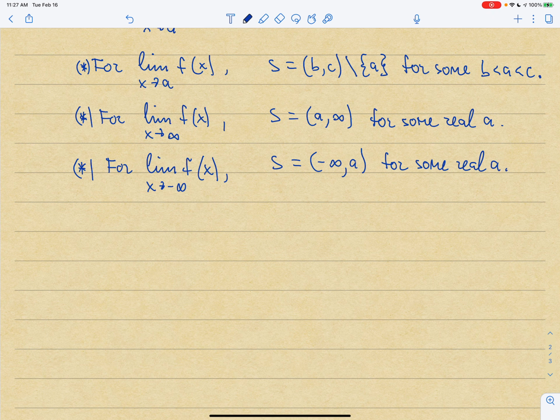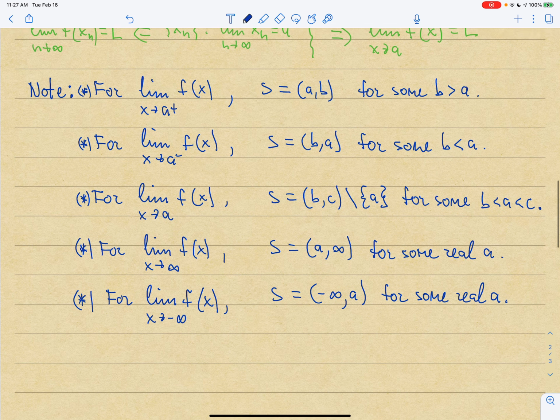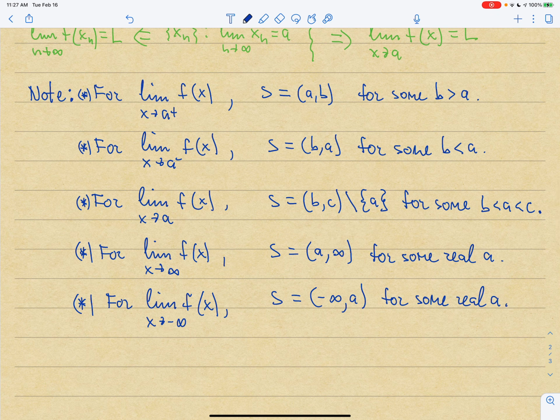Right, so the distinction between different kinds of limits again comes down to just selecting a different choice of a set S from which you are going to draw your sequences xn.